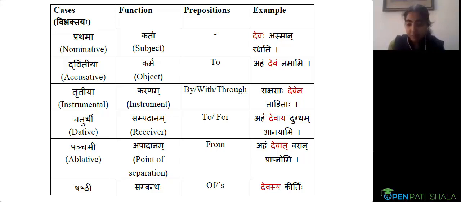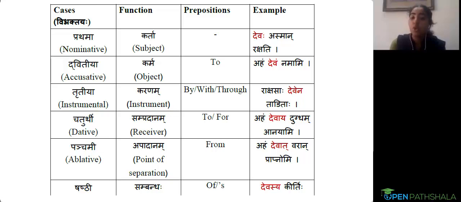For example, Rakshasaha devena taditaha. Rakshasaha, demons. Devena, by gods. Taditaha, are beaten or punished. So the demons are punished by God.